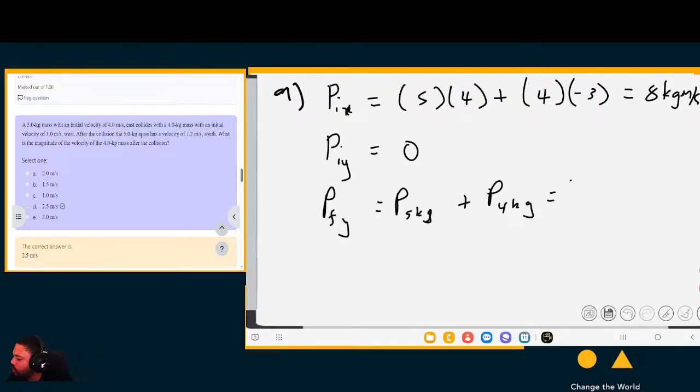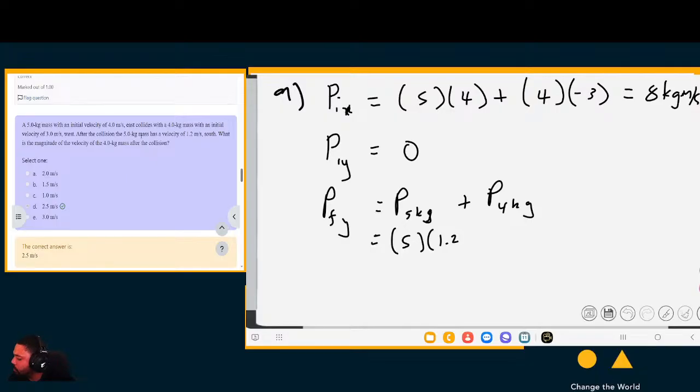It has a velocity, so it's going to be 5. Let me just erase that and write it underneath. So the 5 kilogram block in the y direction in the final is going to be 5 kilograms multiplied by 1.2. No, sorry, it is the 4 kilogram block.